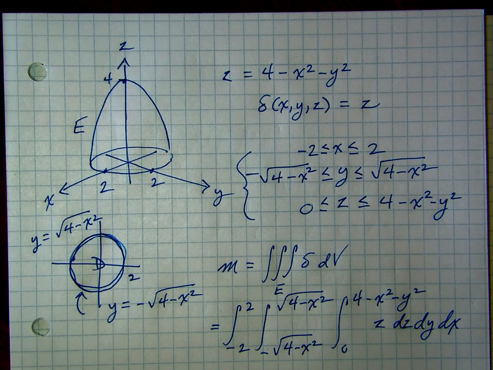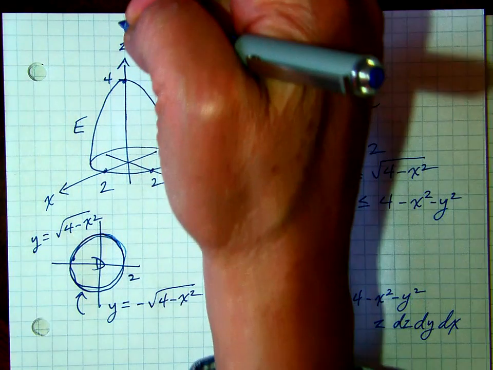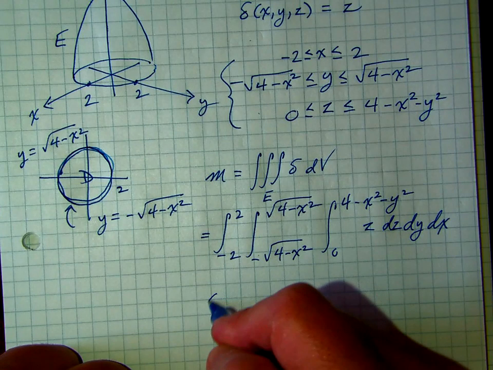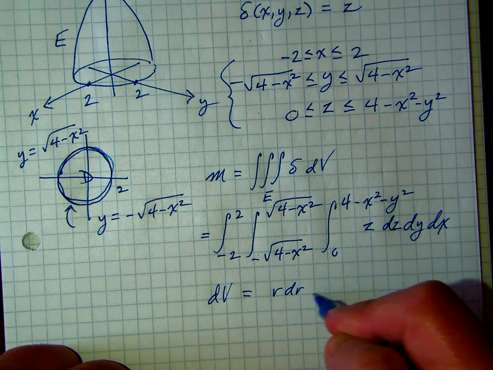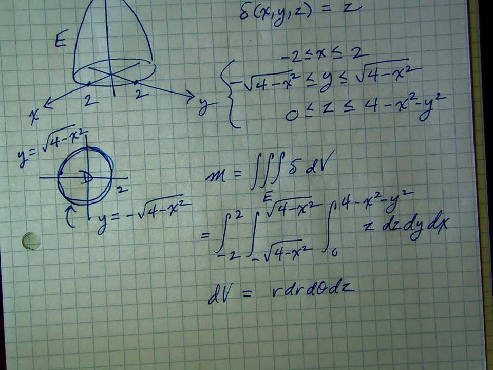You don't want to do this in rectangular. You want to do this one in polar, except when we go three-dimensional with a polar coordinate system, we basically do r and theta for the base, and we just add a z-axis to it. So then we have dV is going to be r dr d theta dz. That's how we go three-dimensional on this.